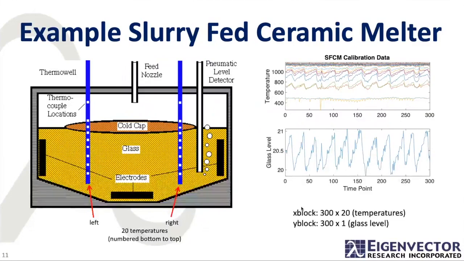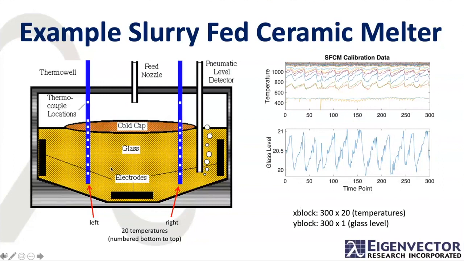But before that, I'm going to go back to an old example that we've used again and again, and use this to show some cross-validation. So here is our old slurry-fed ceramic melter. This is a process that I worked with long, long ago at Pacific Northwest National Labs.